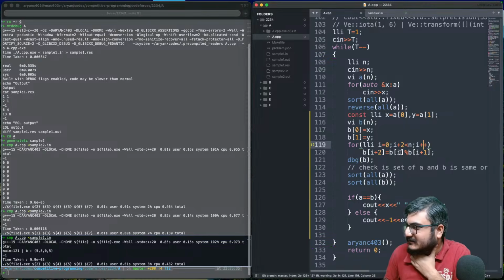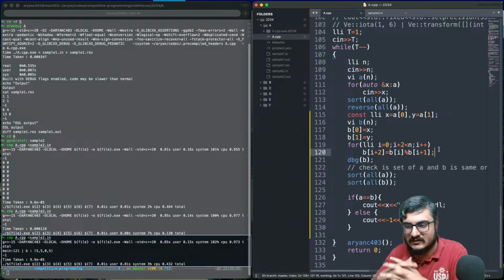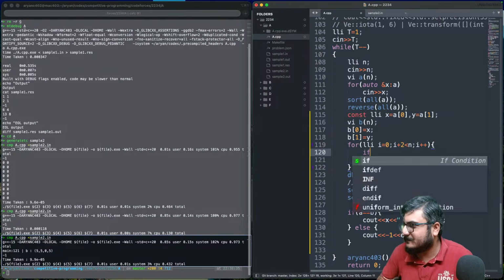And you may try to do a modular division by 0, and that would be the reason for the runtime error. In C++, this did not give us a runtime error, but definitely other languages can. So you need to be a bit careful.